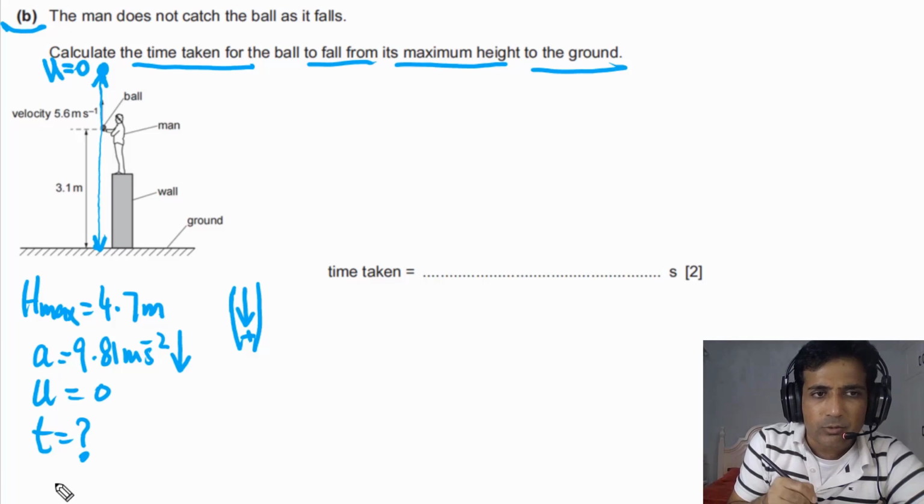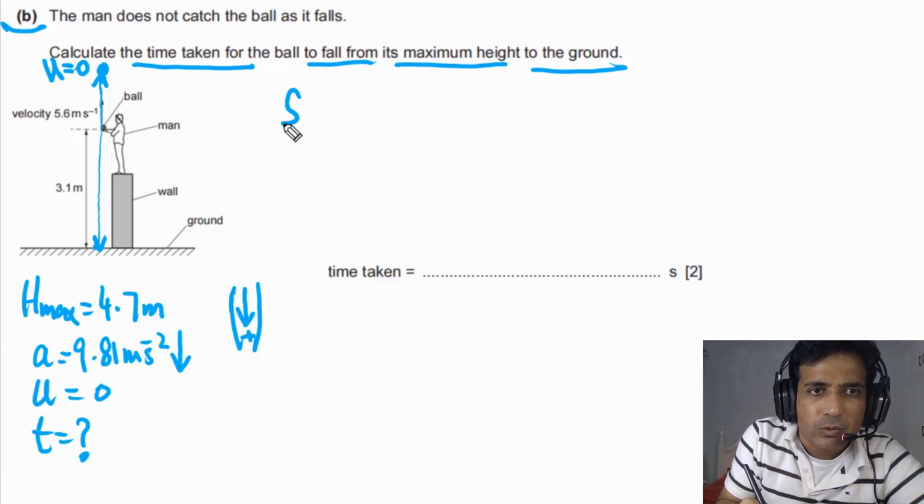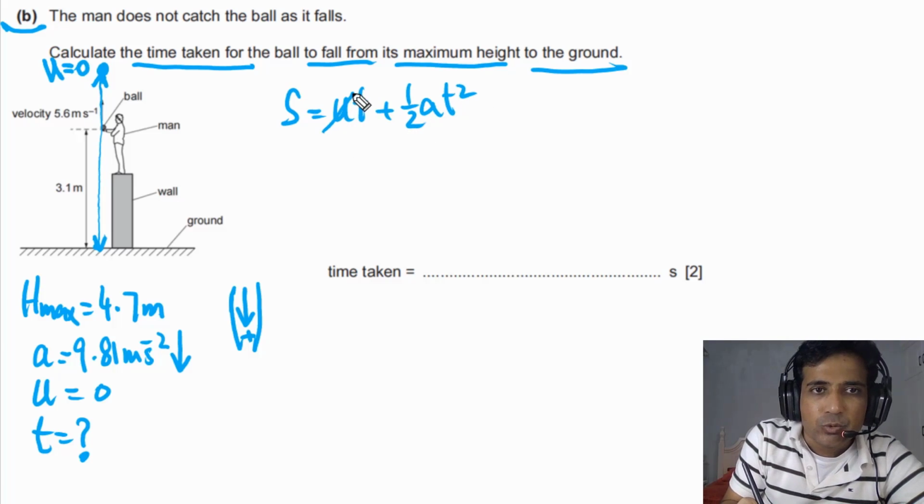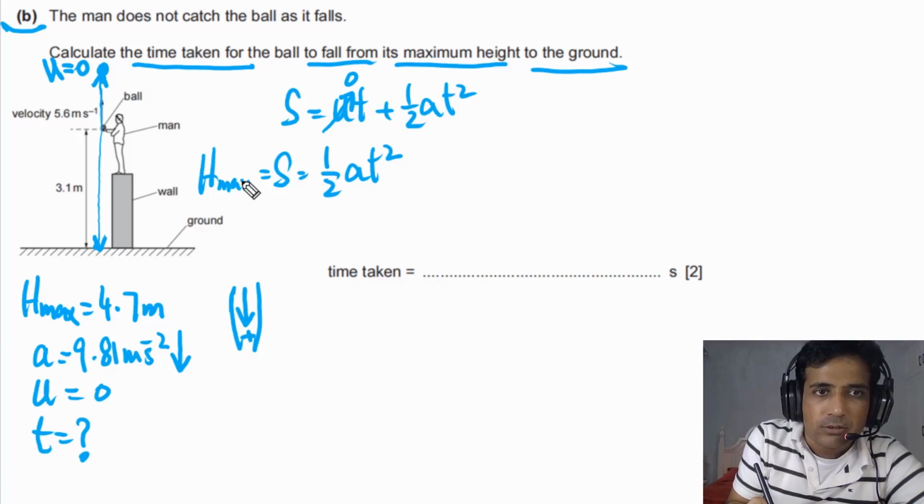To calculate the time taken, we can use s is equal to ut plus 1 half at squared. As u is equal to 0, this term is equal to 0. It simply means that s is equal to 1 half at squared. Here s is equal to h max, the vertical displacement.